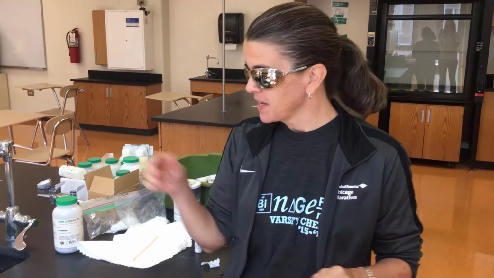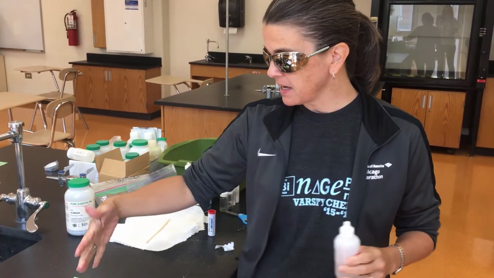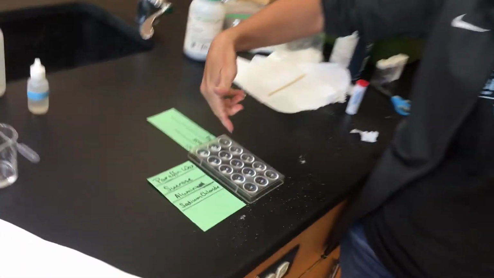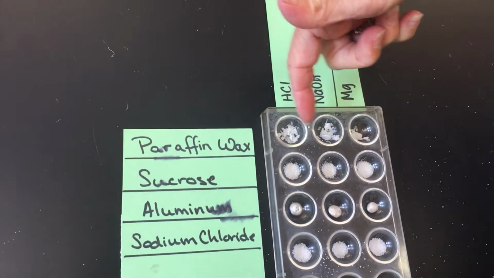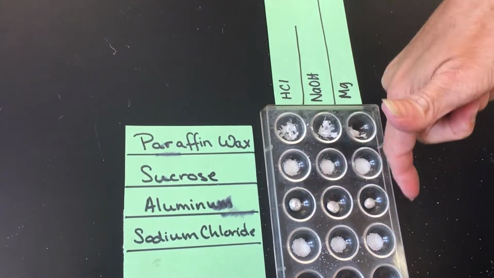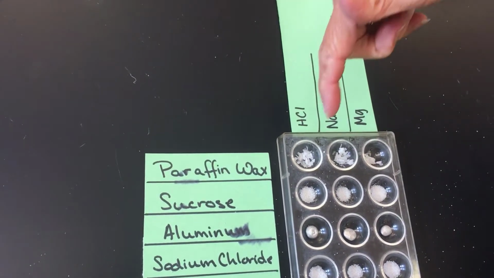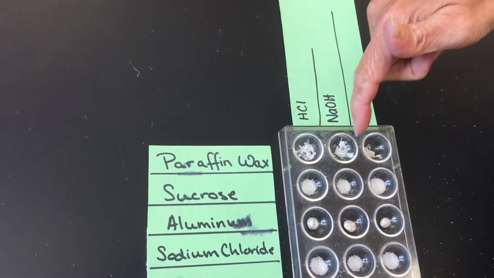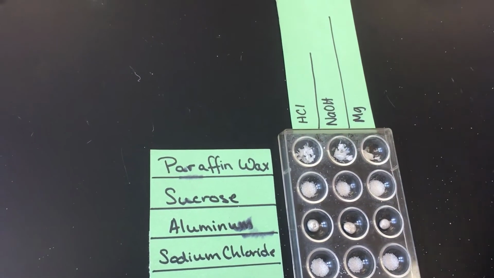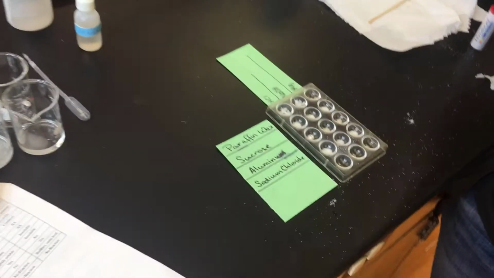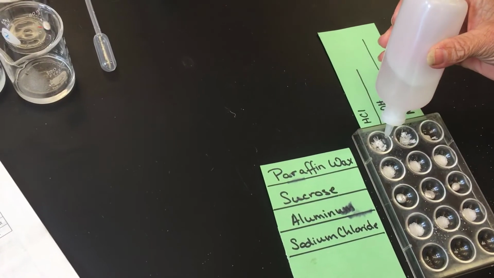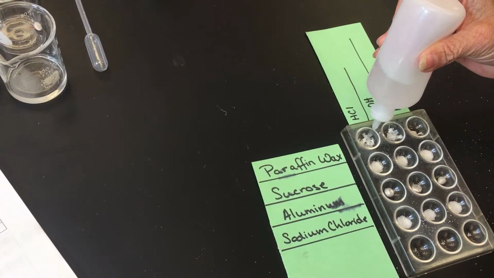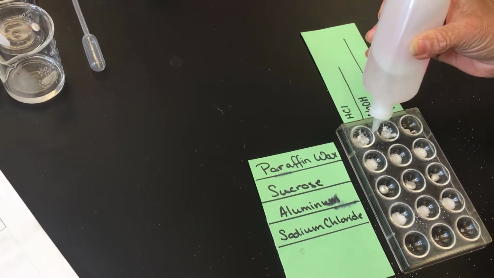Our second to last test is going to be reactivity. So I'm going to start, again, I have made a basically like an Excel spreadsheet almost, with my paraffin across the top, my sucrose, my aluminum, and my sodium chloride. We're going to test hydrochloric acid, sodium hydroxide, and magnesium. And here we go. So this is my HCl, and I will put some drops of that into each of my wells.